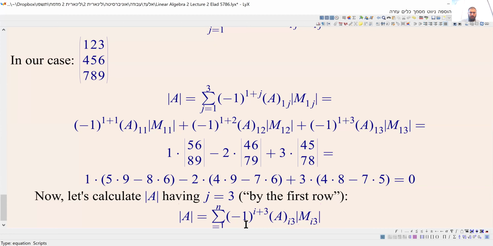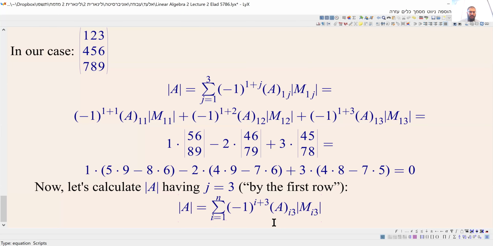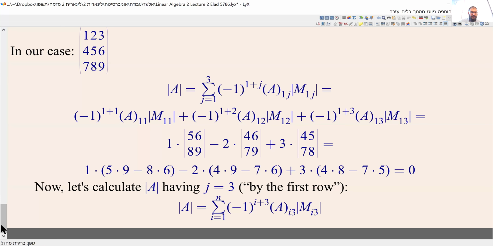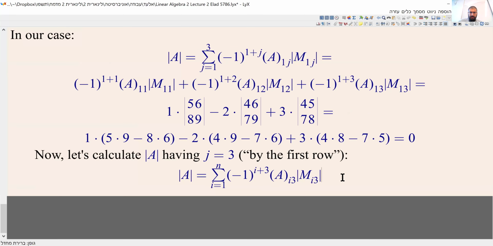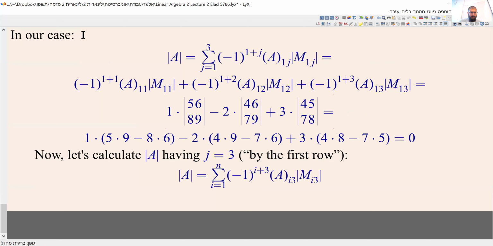So I is running in the sigma. And specifically, in our case, yet again, I take the matrix from here and put it in place.